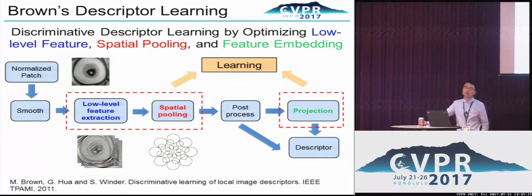According to the published results of the handcrafted descriptors, they first proposed to learn several methods of low-level feature extraction, spatial pooling, and feature embedding. Then they apply a parameter optimization to find the best combination of these components by maximizing the area under the ROC curves.